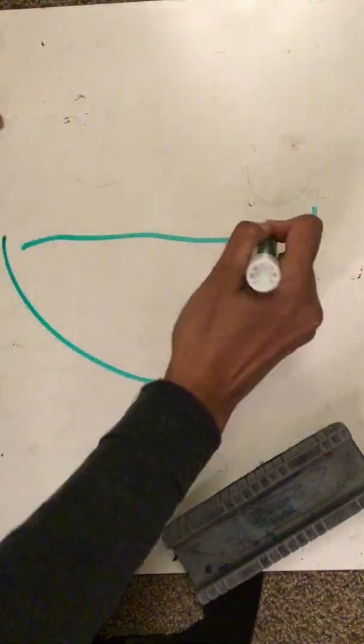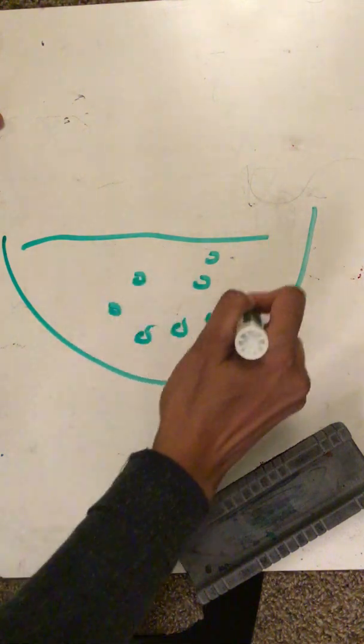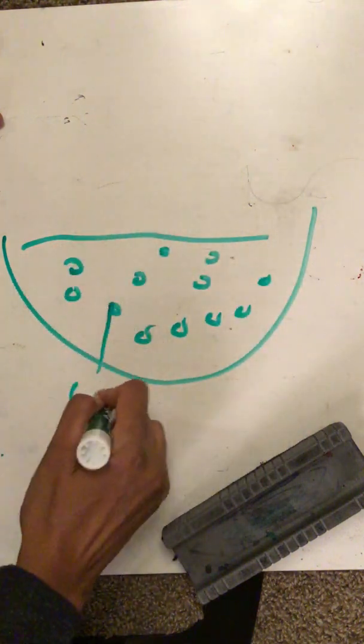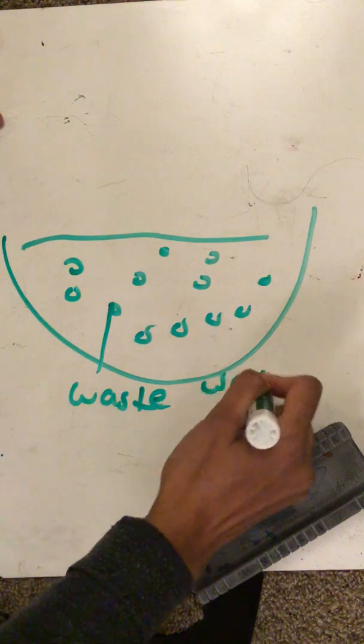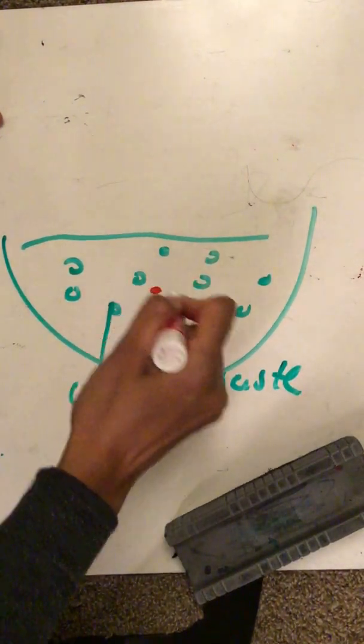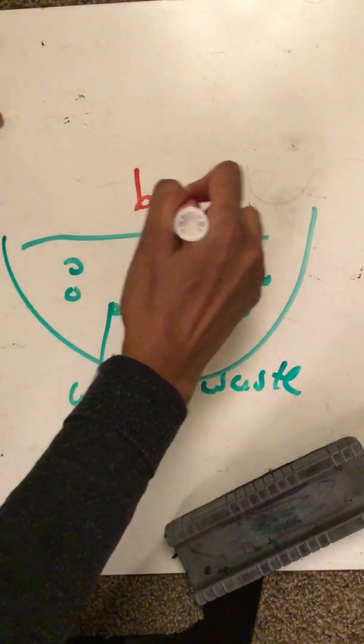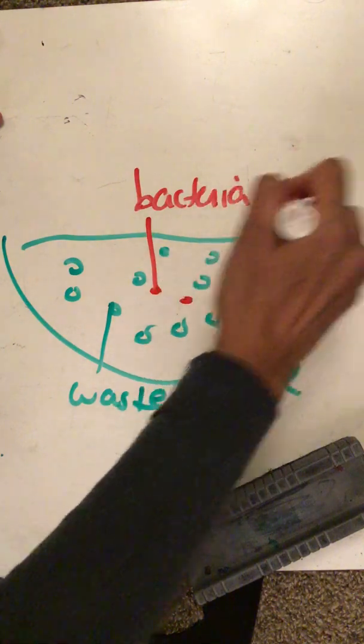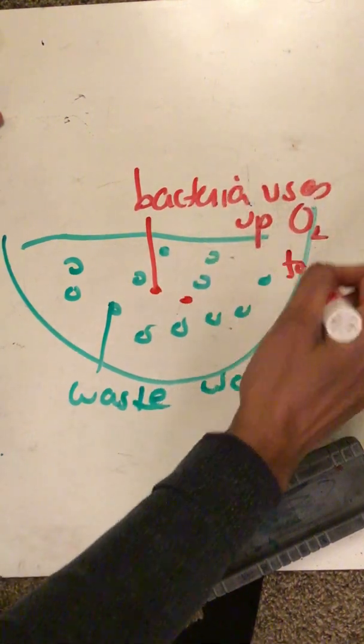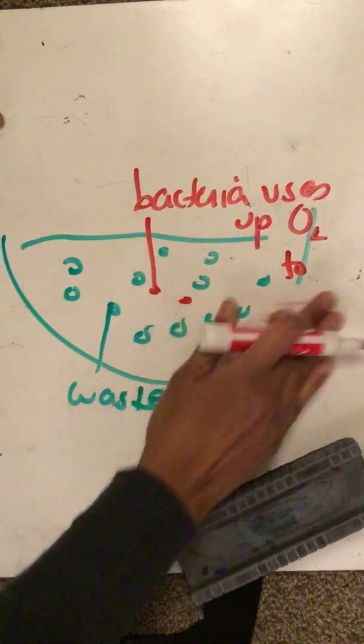The only last thing I want to talk about very, very quickly in my last couple minutes is what BOD is. So that is BOD, biological oxygen demand. So basically, if you have a lot of waste in a pond, and all of this is waste, well, the bacteria in that pond, here's all this bacteria, uses up the oxygen. So it uses up the oxygen to break down all this waste.